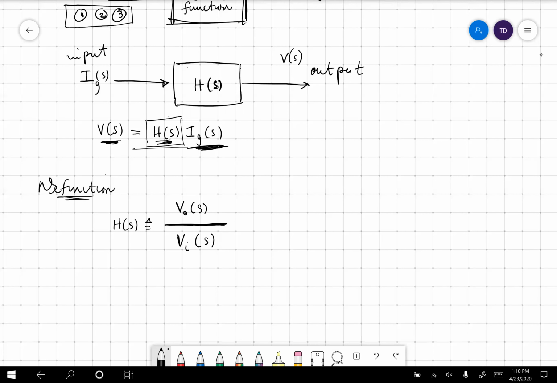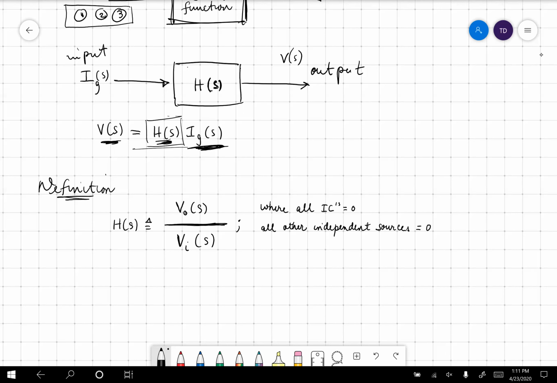That's the definition, but there's more. Where all initial conditions are equal to 0 and all other independent sources are killed. So those two conditions have to be true.